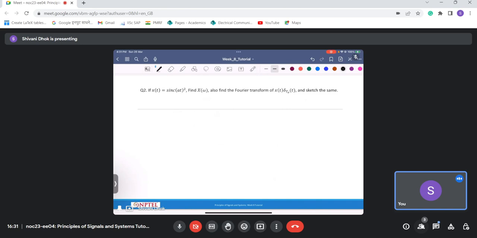Let us look at the next part. What we need to do is find the Fourier transform of the signal x of t into delta t naught of t.